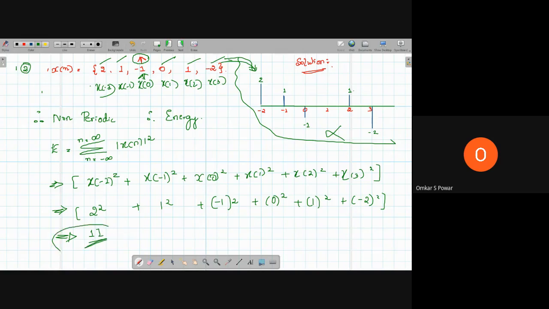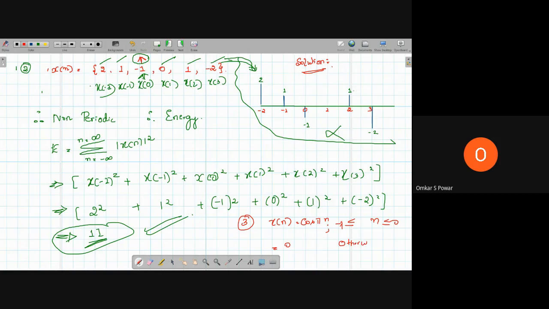So this is how you solve the problem for an energy or a power signal. Now we have solved two simple problems. We will go to another level. These kinds of problems will be asked. For example, x of n is equal to cos pi n for n varying between -1 to 0, or is equal to 0 otherwise.